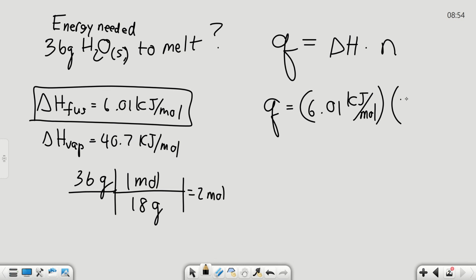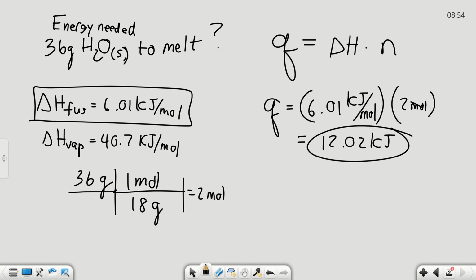So 6.01 times 2 moles is 12.02 kilojoules, because moles will cancel out. It'll take 12.02 kilojoules of energy to melt the water, to loosen those intermolecular forces and change that solid water, that ice, into liquid. But that's it. Nothing too special there.